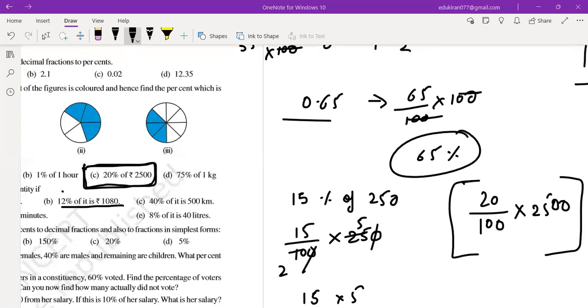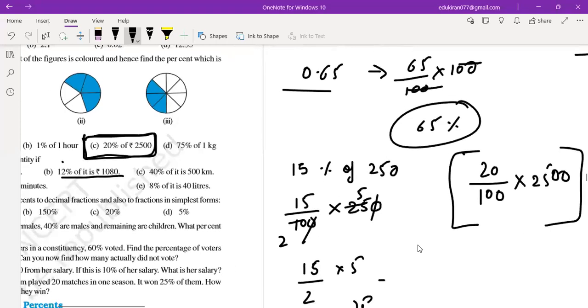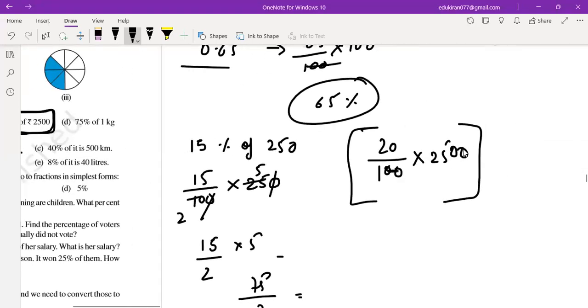Cut 2 zeros of 2500 and cut 2 zeros of 100. Both the zeros, na? Yes, both zeros. Then what is left? Then we have 20 into 25, which will give you 500.